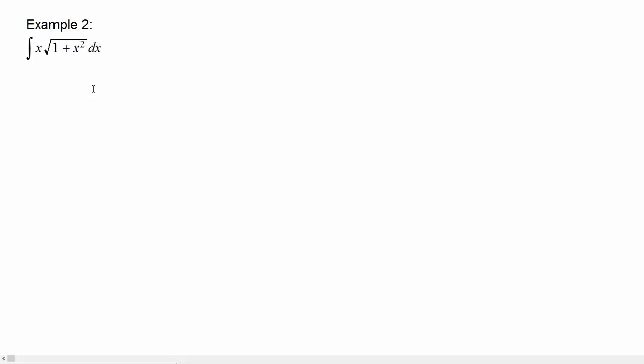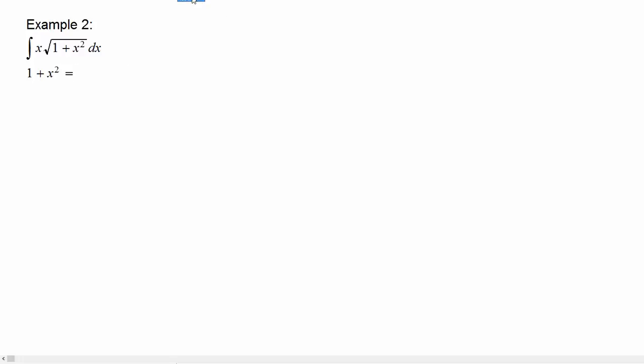Okay, so now in here, if we have to do the substitution, what looks like a good candidate is this. And a reason for this being a good candidate is that the derivative of 1 plus x squared is 2x, and x is sitting right here. 2 is a constant, so we can handle that really easily.